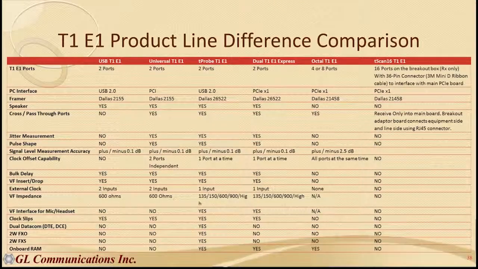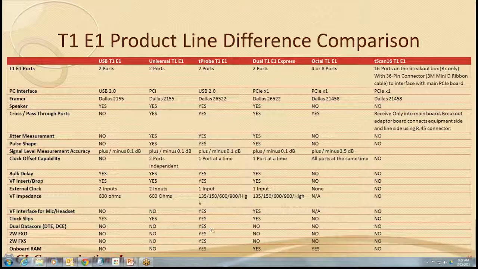Here is a comparison between all of the platforms, and you can look at all of this. It gives you a lot more detail as to how these different platforms are similar as well as different. USB and universal analyzers are our legacy products compared with the tProbe, T1/E1 analyzers and Express cards. We have added a cross-port transmit mode to make cabling easy with drop insert and inline monitoring, on the tProbe and dual T1/E1 Express.